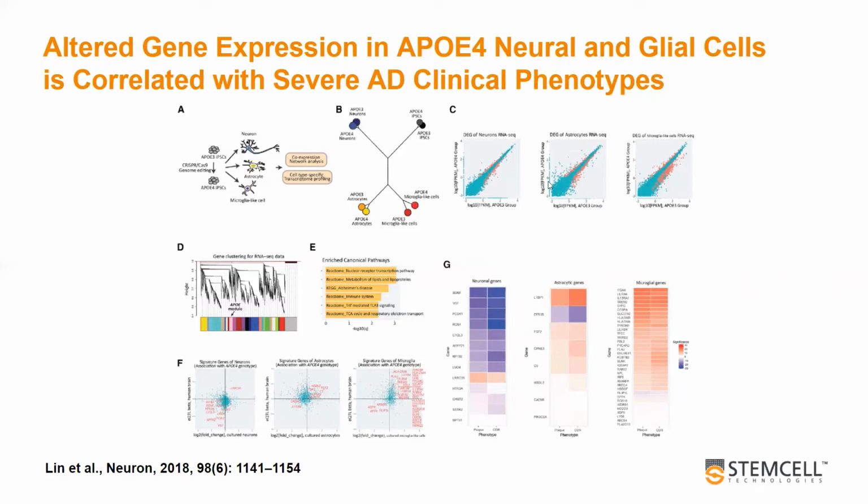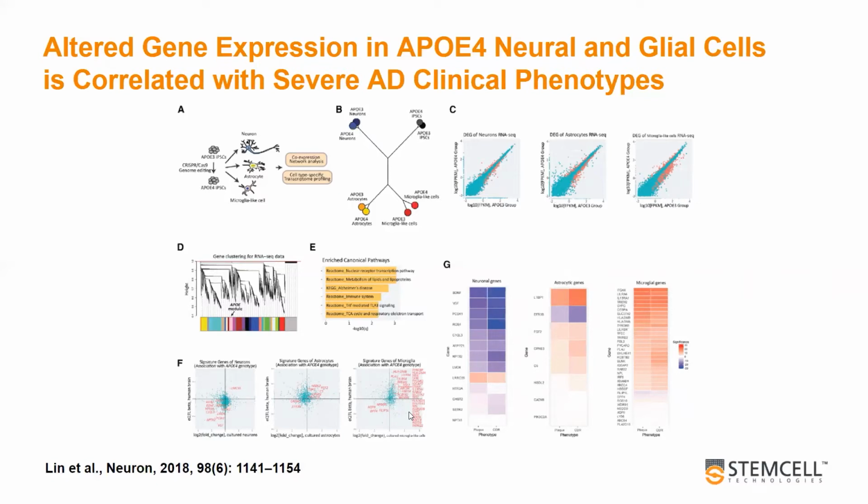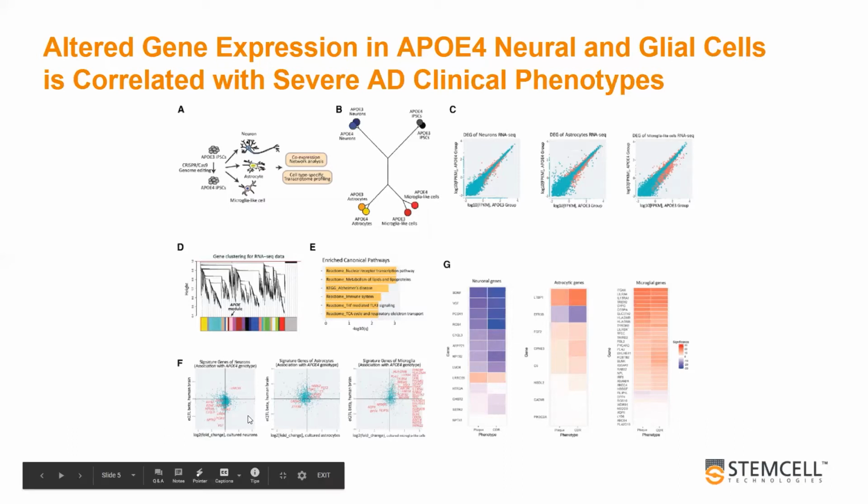RNA sequencing data showed differentially expressed genes between ApoE4 cells and ApoE3 cells. Also, they found a significant number of neuronal as well as microglia signature genes exhibited concordant ApoE genotype-dependent changes between the human samples and their iPSC-derived cells.